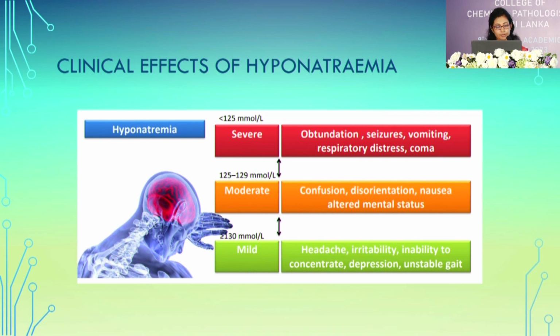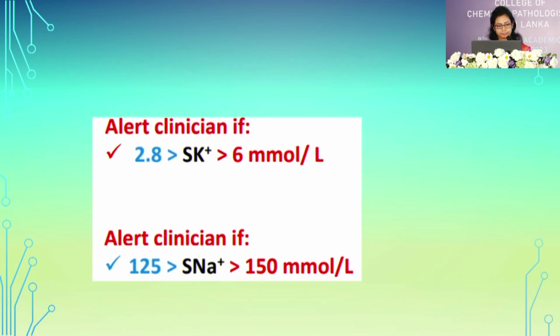And again, remember, the symptoms also depend on the rate of development of this hyponatremia, whether it's acute or chronic. When you get acute hyponatremia, you get these symptoms, but we don't see these symptoms in chronic hyponatremia.